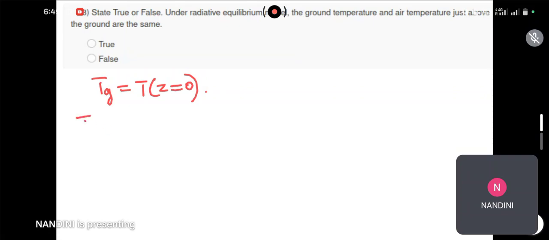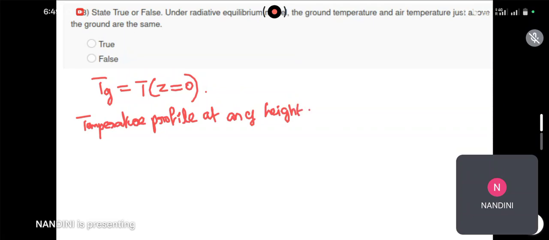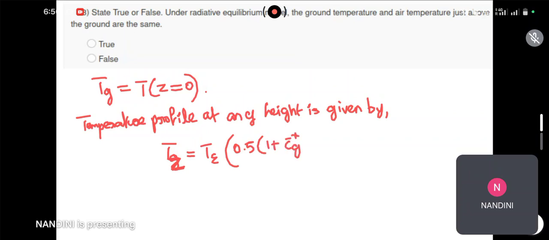The temperature profile in height is given by Tz is equal to T epsilon, which is the emission temperature, into 0.5 into 1 plus optical depth into exponential of minus z by h, the whole raised to 0.25.